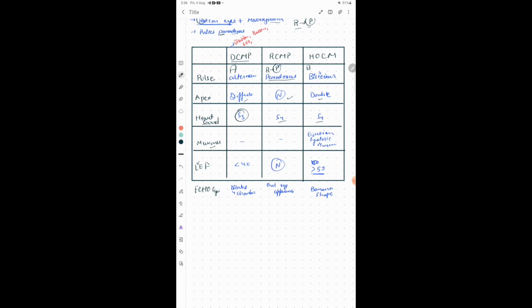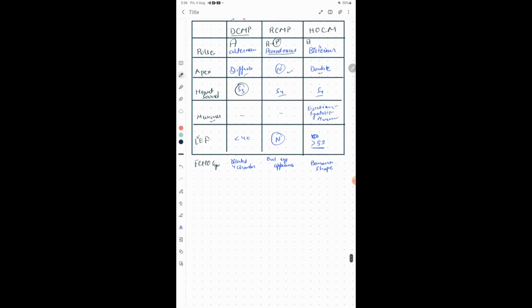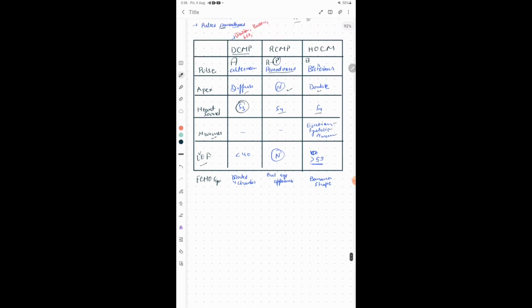Murmur: HOCM, athlete, leads to an ejection systolic murmur. We have learned the LVEF: in HOCM it is more because of ejection, in DCM blood flow decreases so it is less, and in restrictive it is normal.